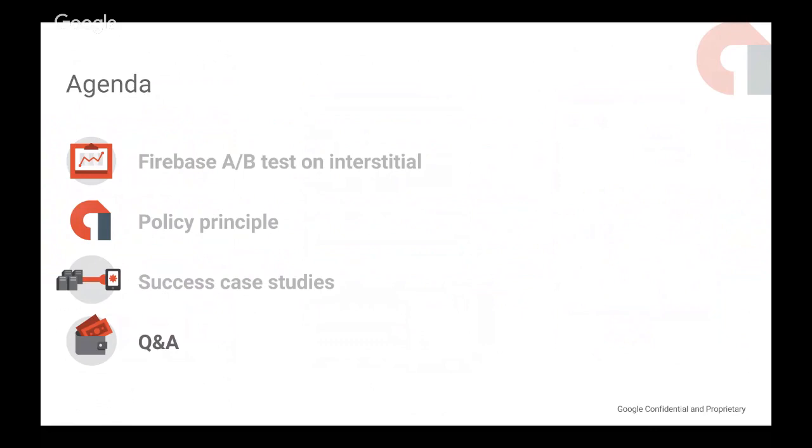Next question. About code implementation, do we need to pass some user property along with the AdUnit to Firebase for later use in A/B testing? That's a very good question. Actually, we need that. I highlighted it very quickly in my slides. You need one line to tell Firebase Analytics that this user is in the control group or in the test group.